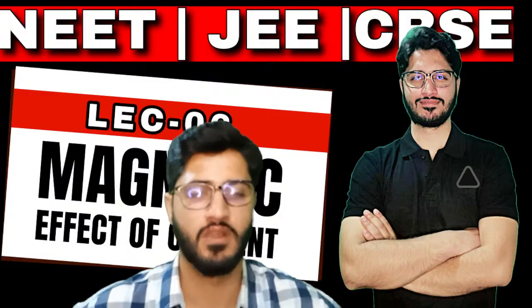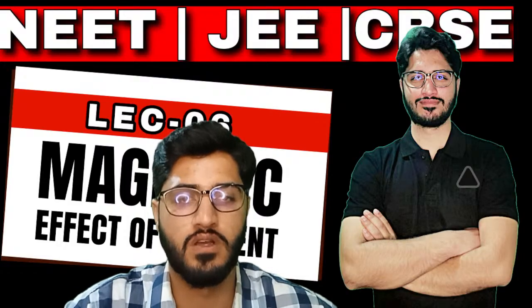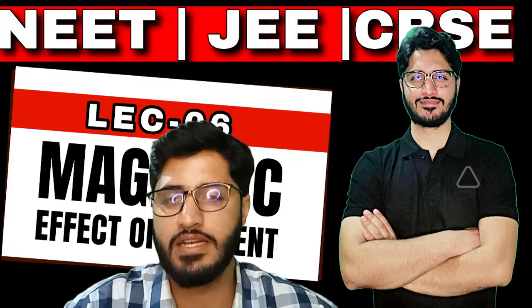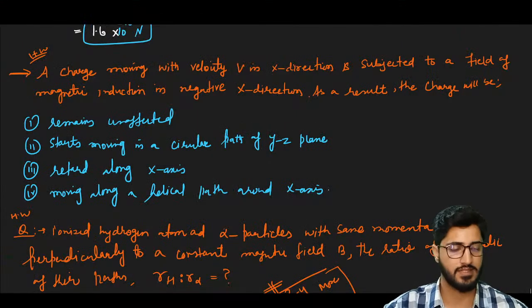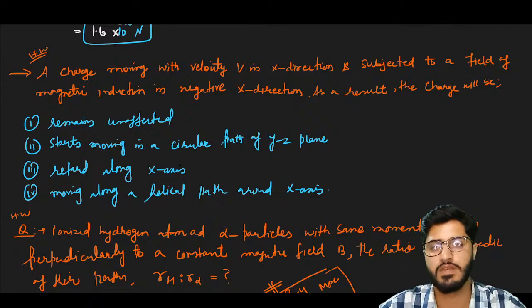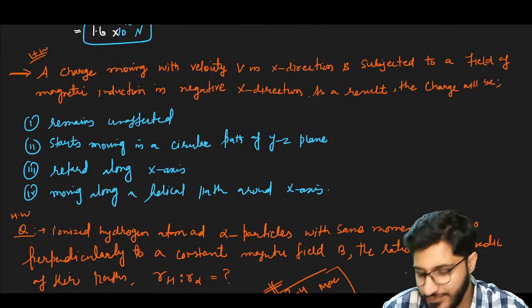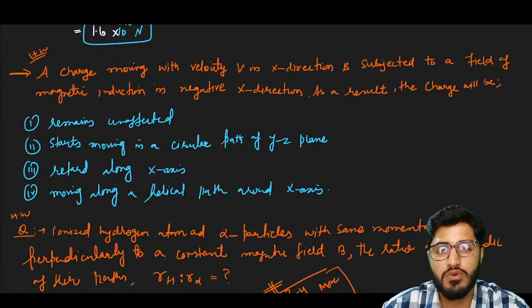Okay. So once again, I will just start the lecture now. I guess yesterday I gave you two homework numericals. First was a charge moving with velocity v in x direction, subjected to a field of magnetic induction in negative x direction.